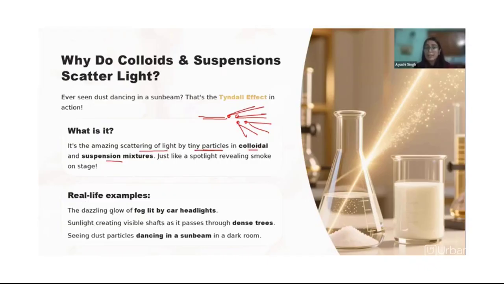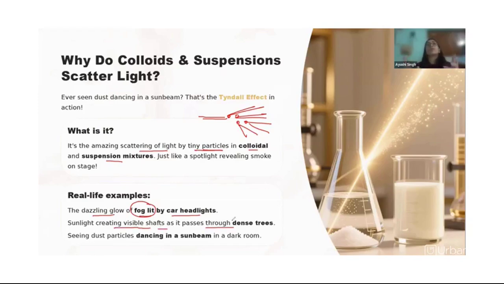So examples of Tyndall effect would be the dazzling glow of fog lit by car headlights. If you are going on a drive in winters, you will see that the fog will be lit by the car headlights, and it will look very pretty. Now, sunlight creating visible shafts as it passes through dense trees.